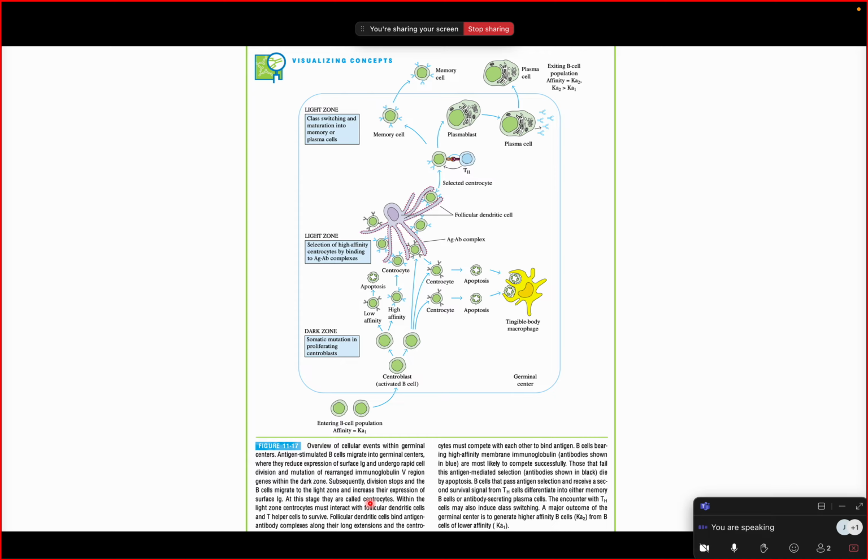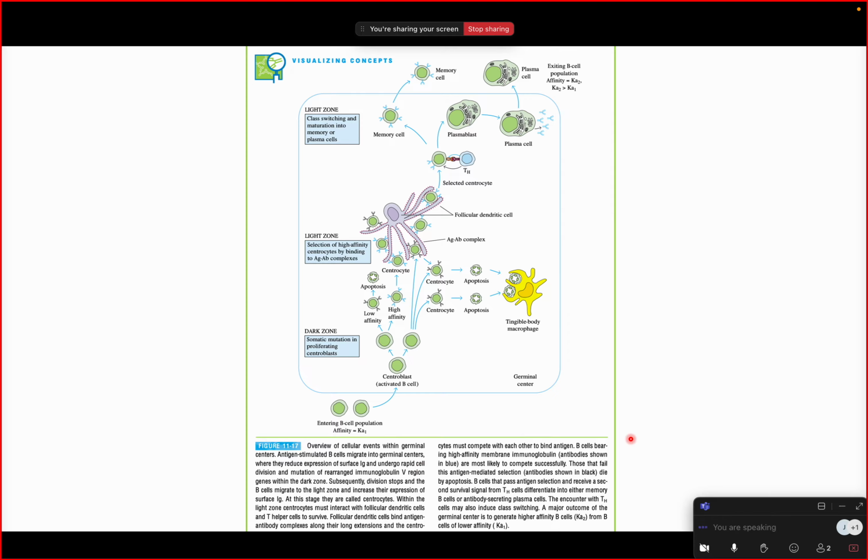So see, here is a little bit of different information on the same process. Within the light zone, centrocytes must interact with follicular dendritic cells and T helper cells to survive. Follicular dendritic cells bind antigen-antibody complexes along their long extensions, and centrocytes must compete with each other to bind antigen.